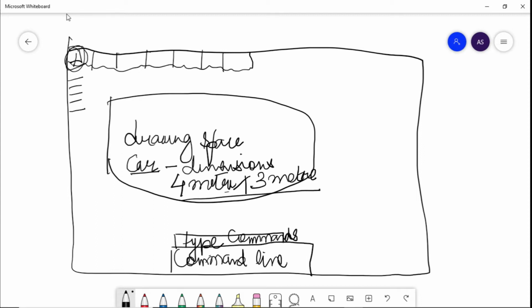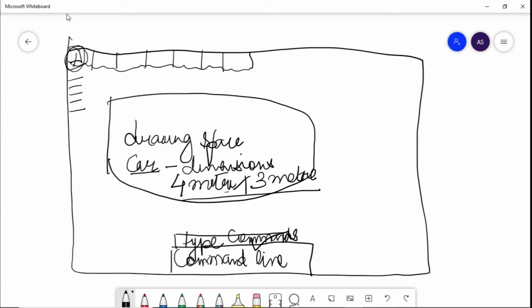So it is not possible to draw a car in this much space. So how will you do it? You will do it by typing the right command in the command line in this window, and then adjusting the drawing space here, right?